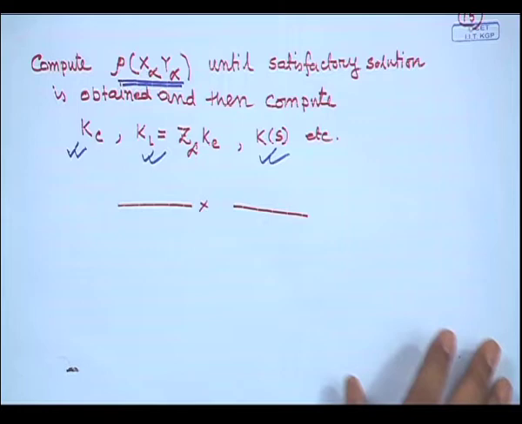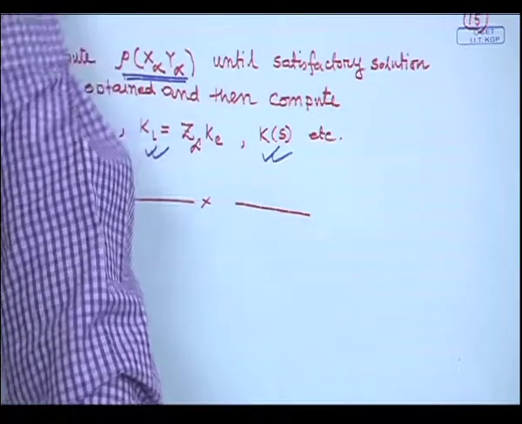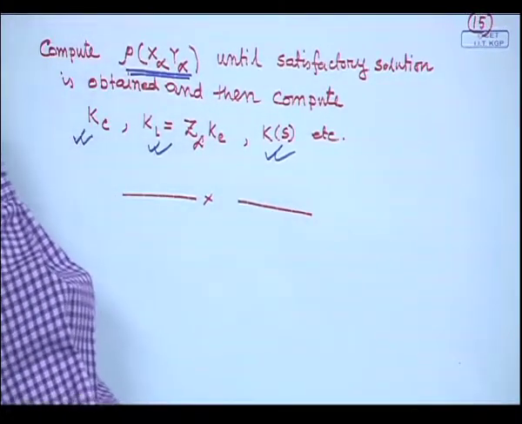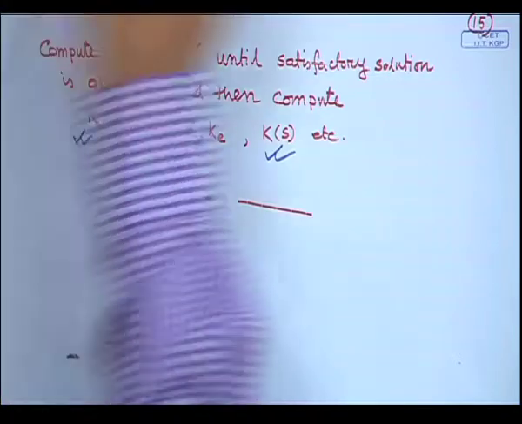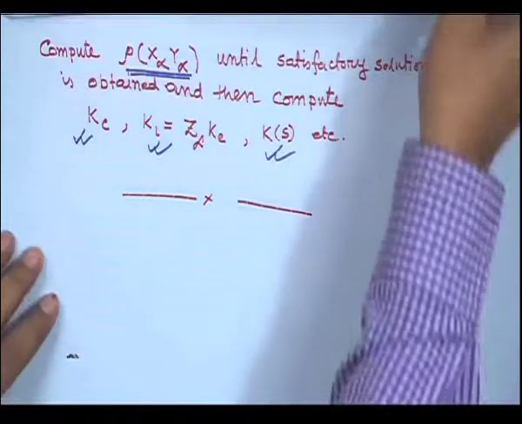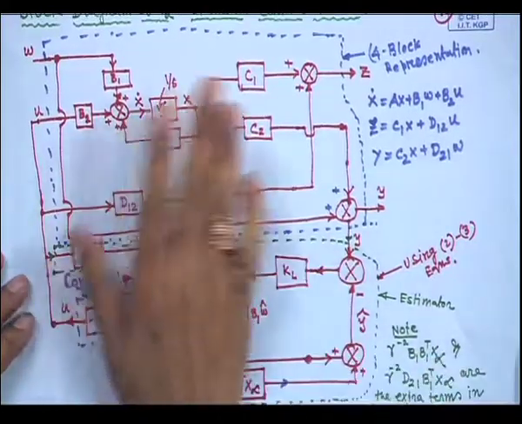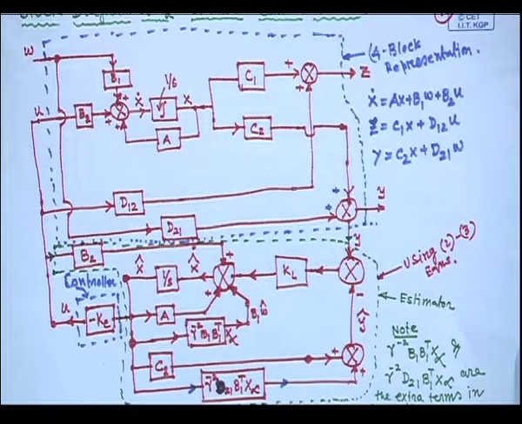Now, let us see how you will realize this H infinity controller in block diagram representation. This is the block diagram form. Basically, I am representing the plant first, then I am representing the estimator, that is all.